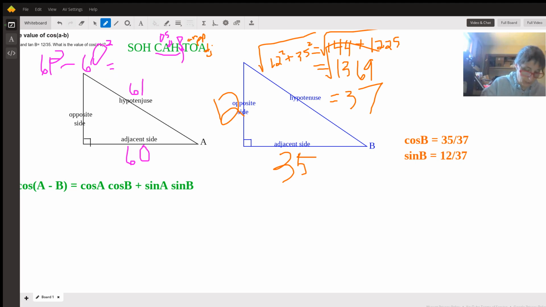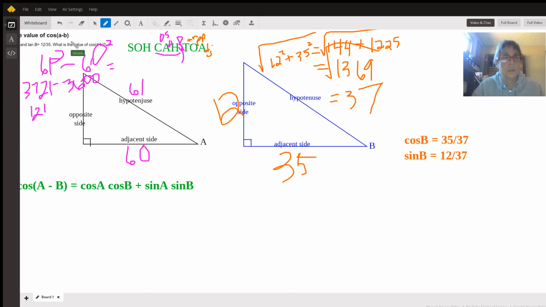So if I go 61 squared, it is 3721 minus 60 squared, which is 3600. And so that leaves us 121.